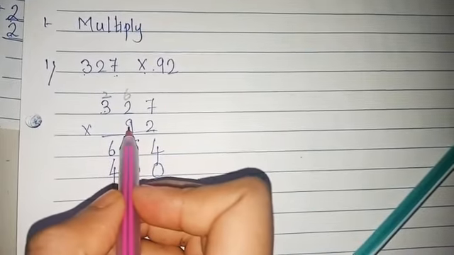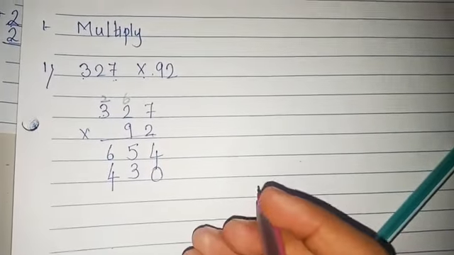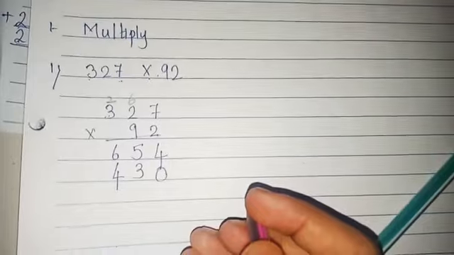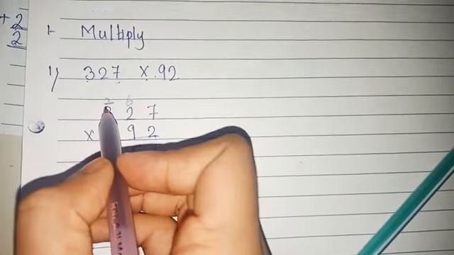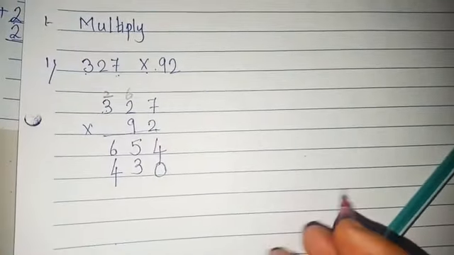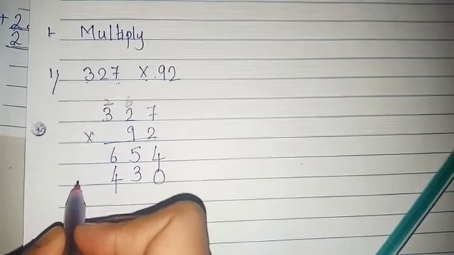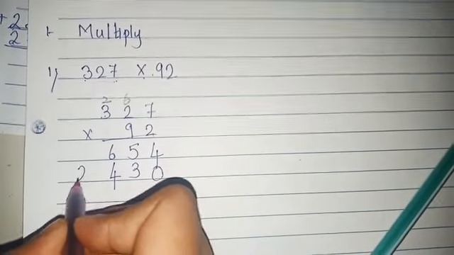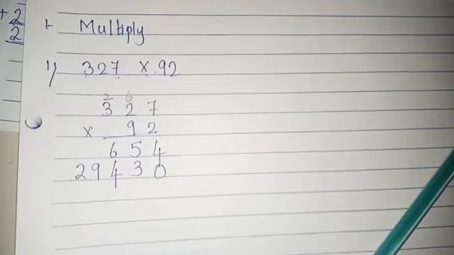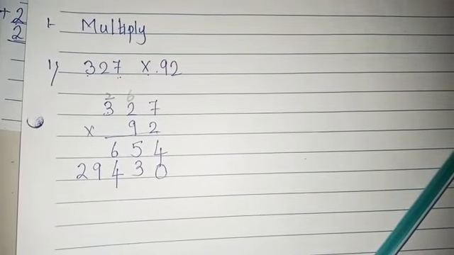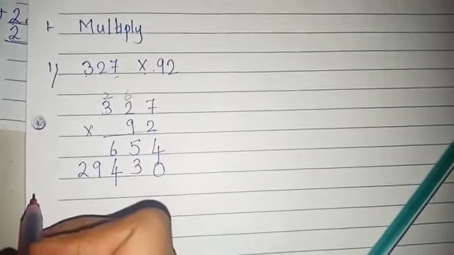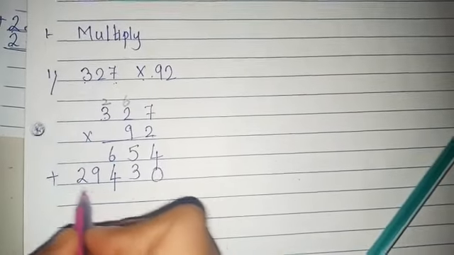Now 9 3s are 27. 27 plus 2 is 29, so I will directly write 29 over here. Understood? Now we will add them.